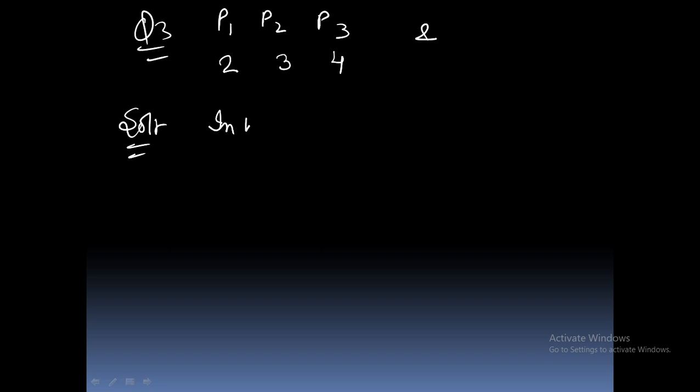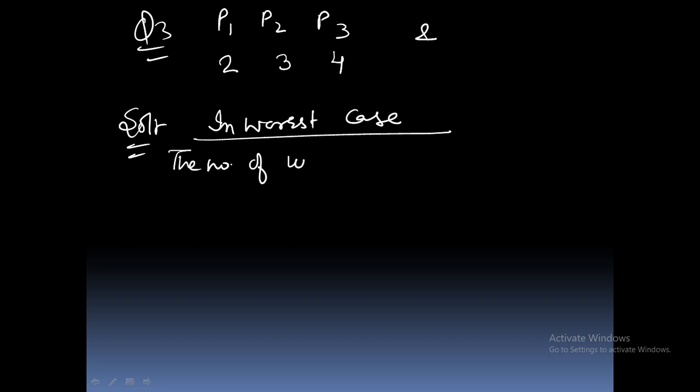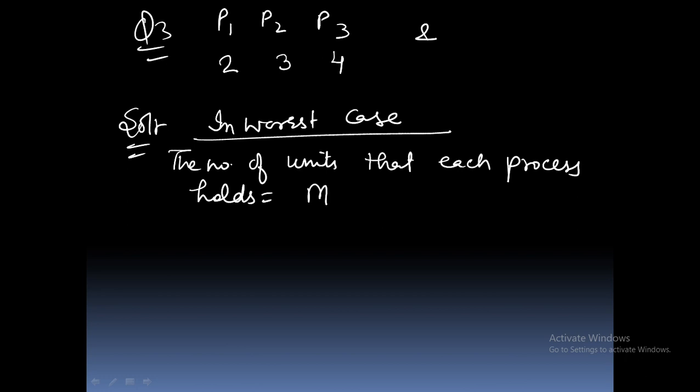In the worst case, the number of units that each process holds will be maximum demand minus 1.